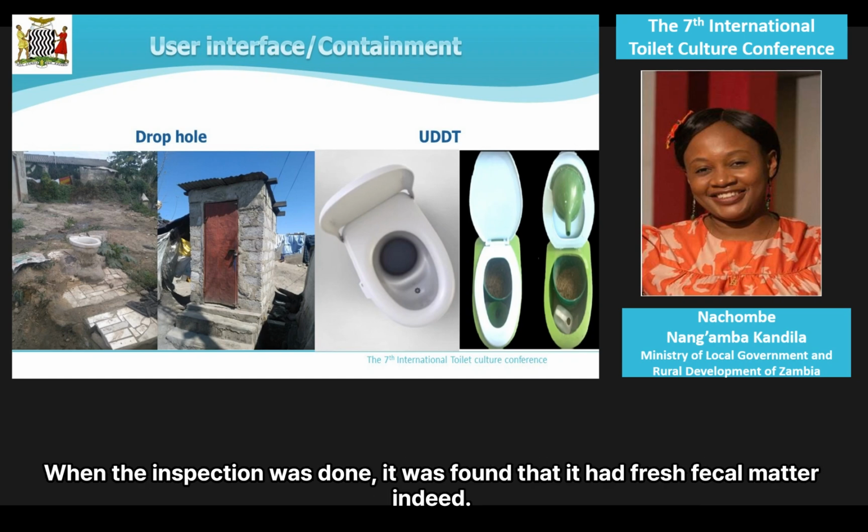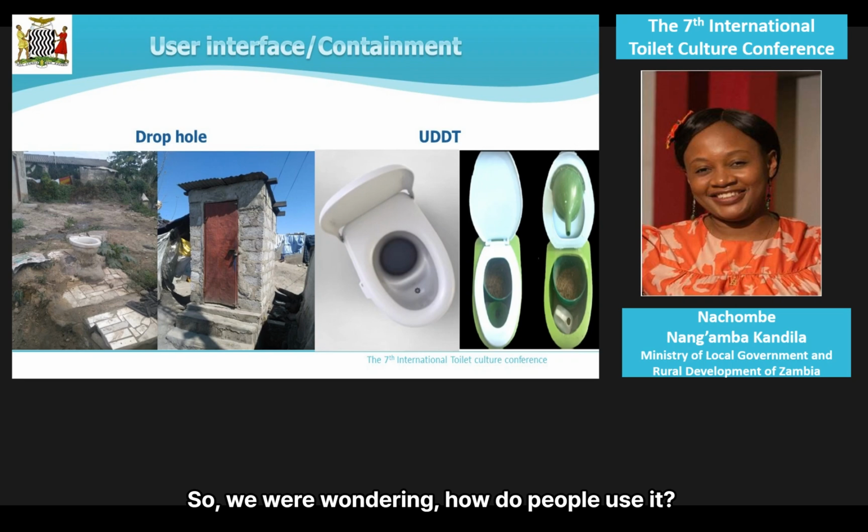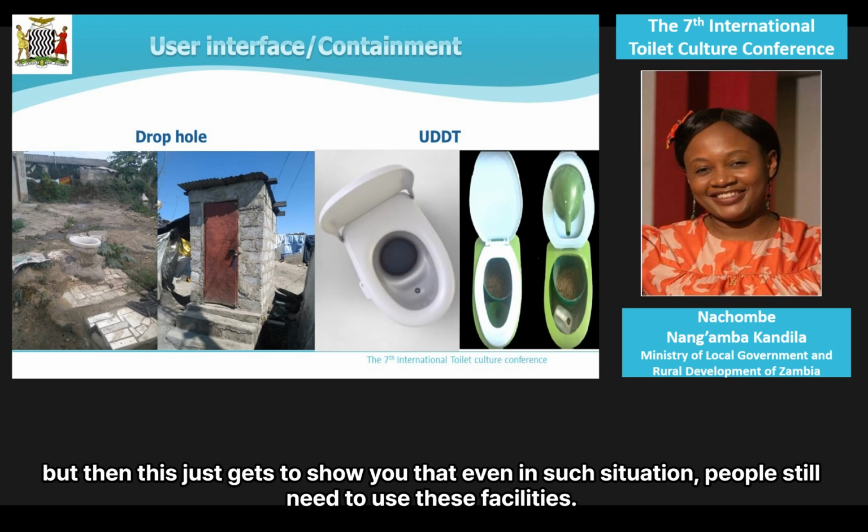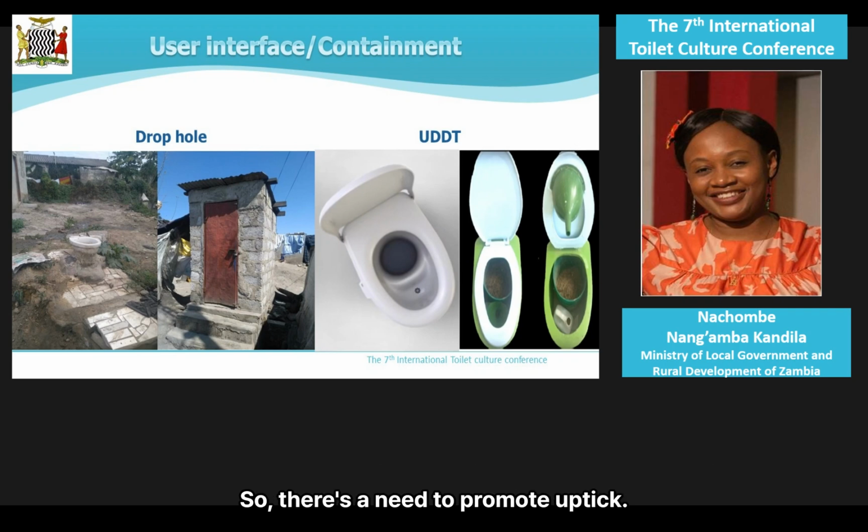When the inspection was done, it was found that it had fresh fecal matter in it. So we were wondering, how do people use it? From our basic knowledge, we probably thought that it's used at night by the community, but this just goes to show you that even in such a situation, people still need to use these facilities. So there's need to promote uptake.